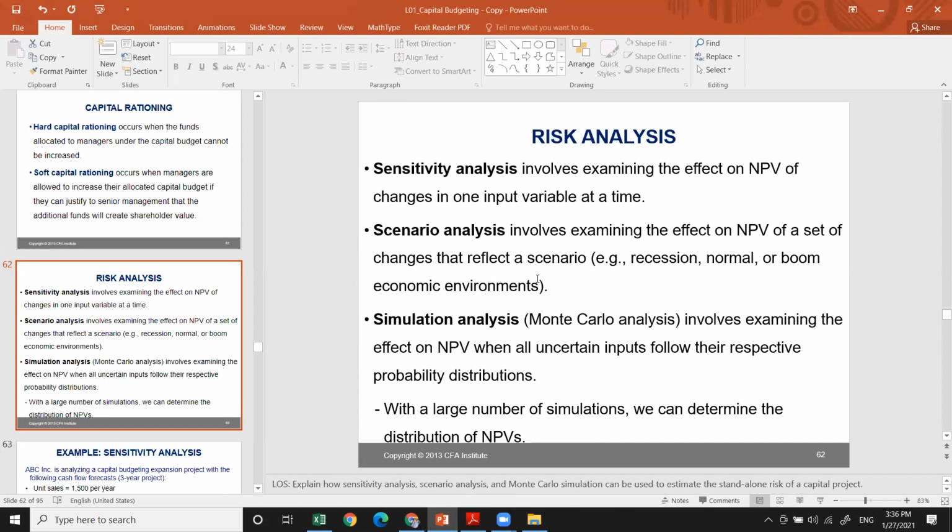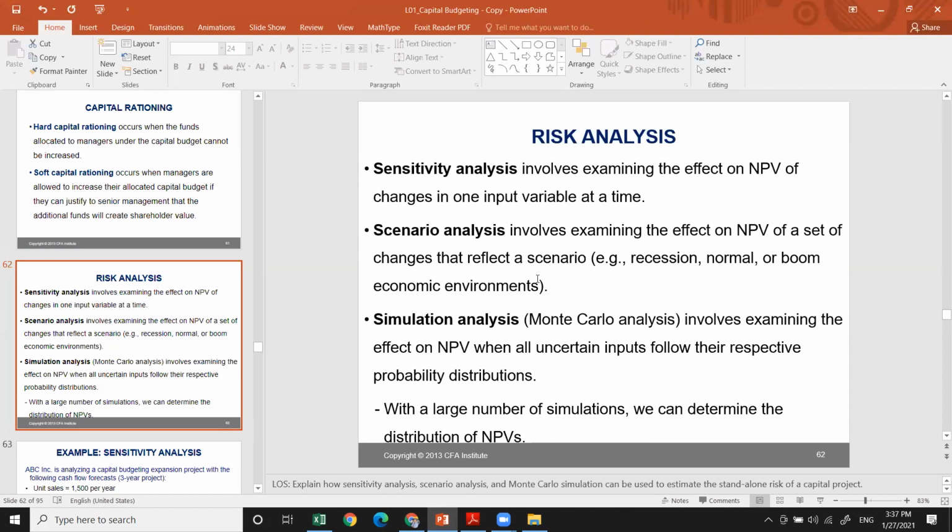If you study this well, like sensitivity, scenario, and simulation analysis, I mean the risk analysis itself, plus whatever you have seen up to now, this will contribute a lot to solving the questions that come in that competition. Just for your information, keep this in mind when you are invited for the CFA competition challenge.